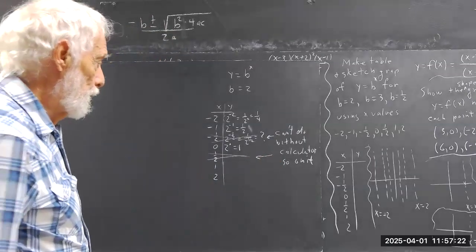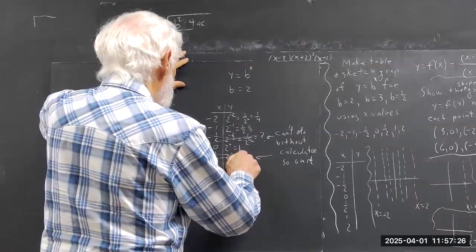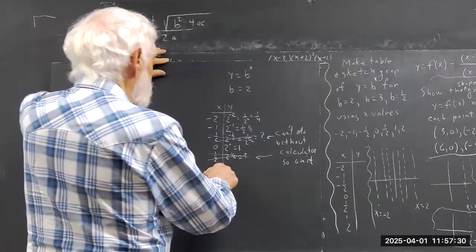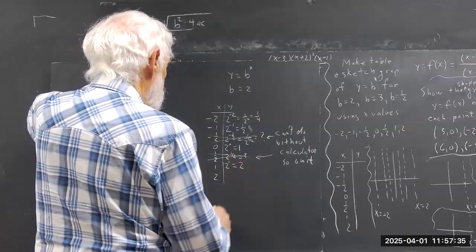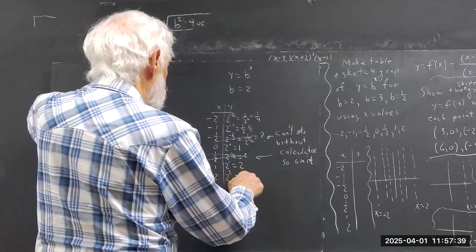There's another one we can't do without a calculator. So we ignore it. No, you know the 2 to the 1 is 2. For 2, you get 2 to the 2nd, which is 4.